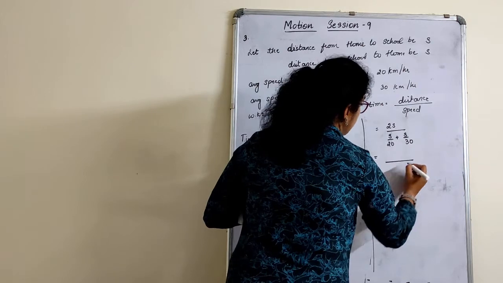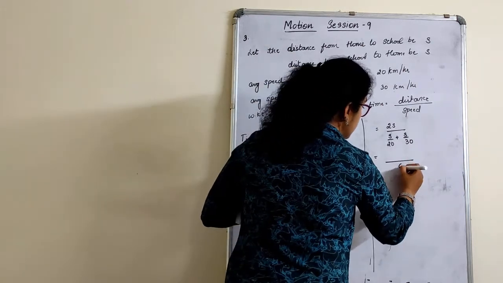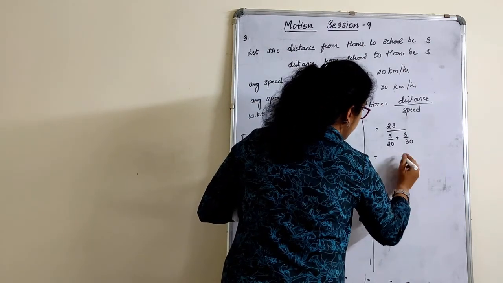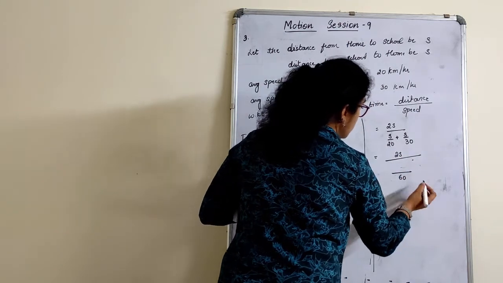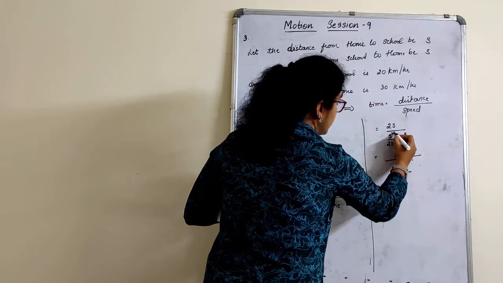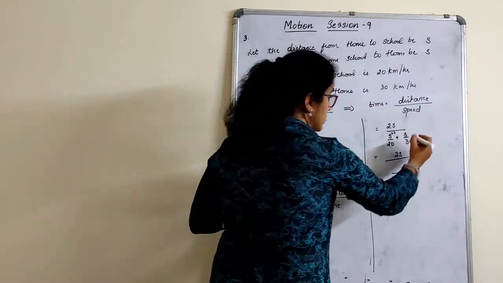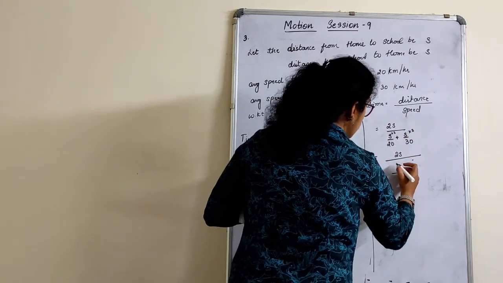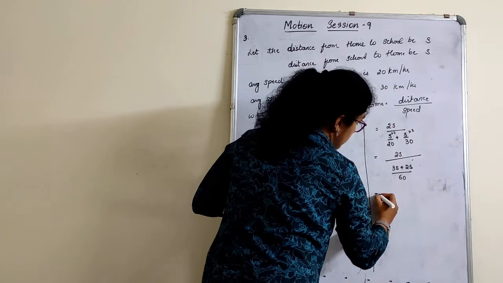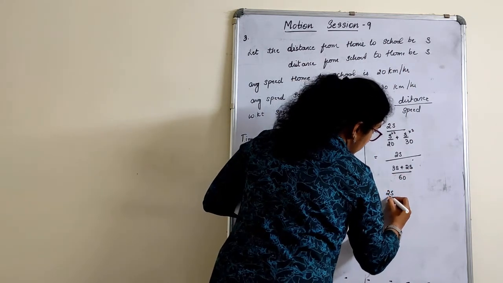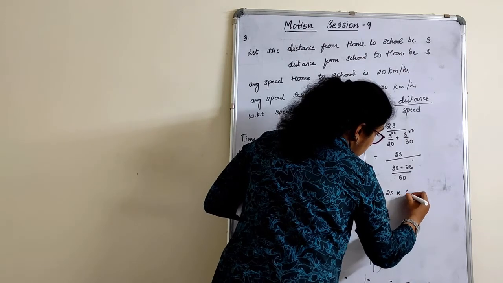So 20 and 30 LCM would be 60. We'll write it here. 2S upon 60. So 20 into 3 is 60, and 30 into 2 is 60. So this is 3S plus 2S. 2S into 60 by 5S.